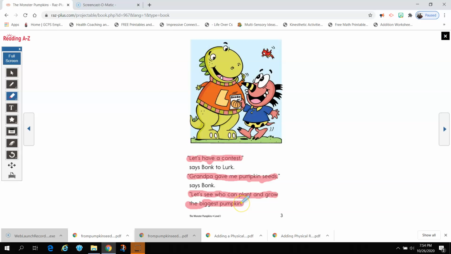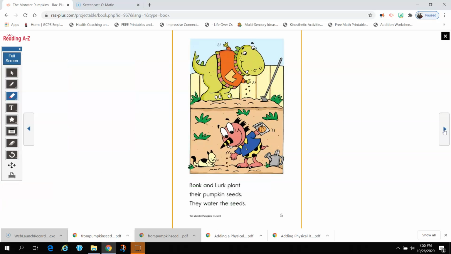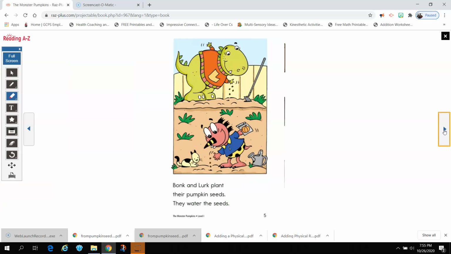So now Bonk has told us what kind of contest they're going to have. Now, we already looked at the question that Lurk said. Let's see what Bonk says. "The loser will make the winner a pumpkin pie." All right, so Bonk knew exactly what the prize was going to be.